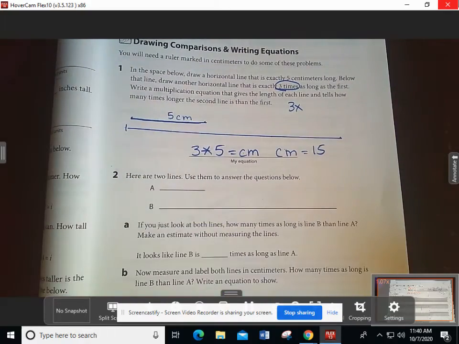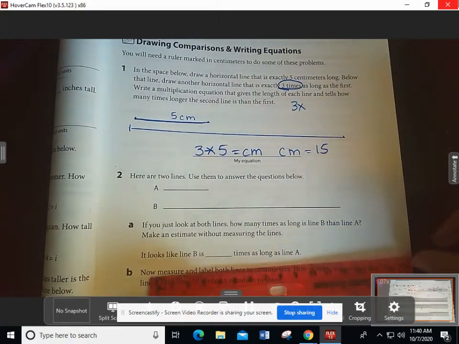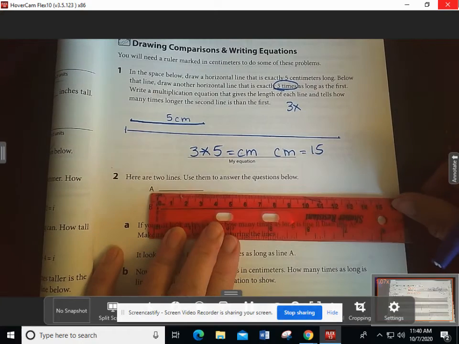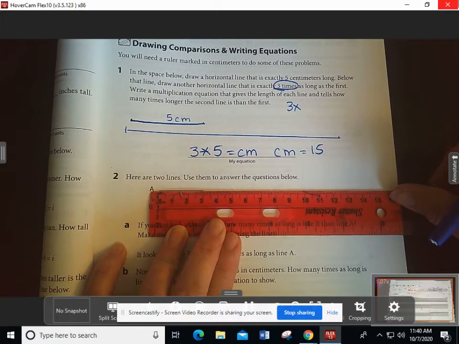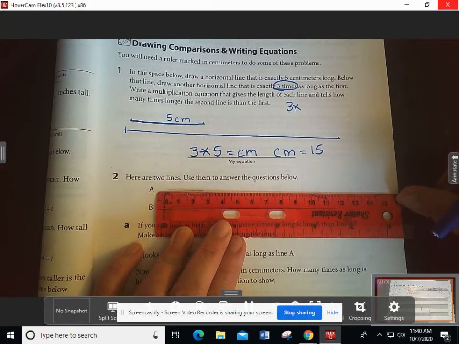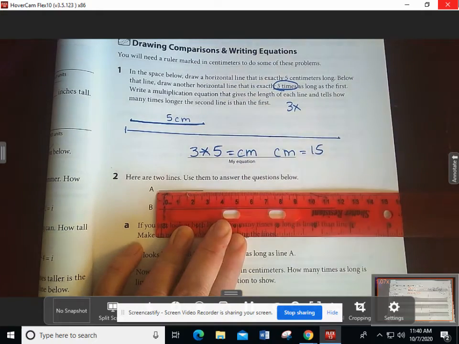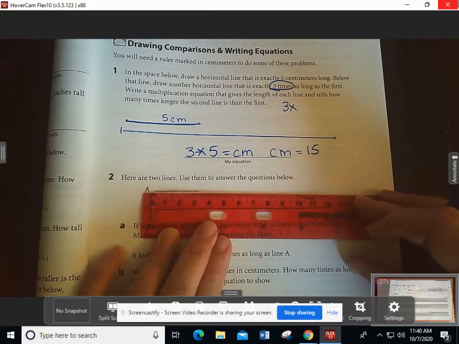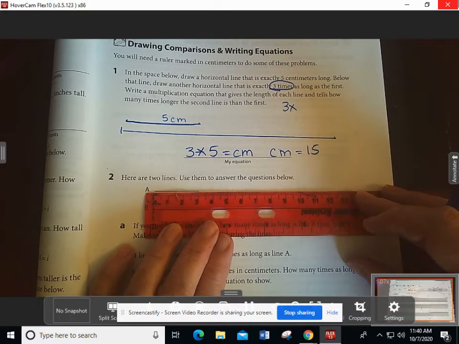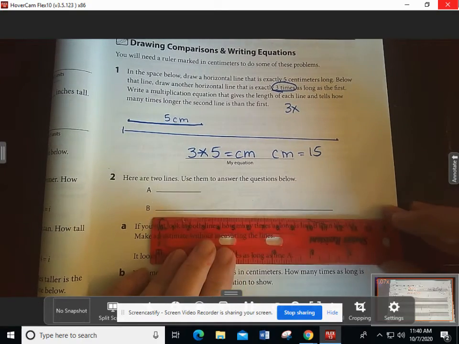But I'm not using this ruler this time. I'm using this red ruler. Look at how different it would make it be. So I have to line it up correctly so I can see that it's 3 centimeters long.